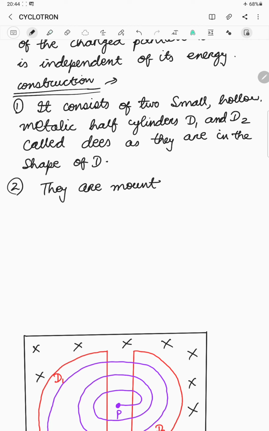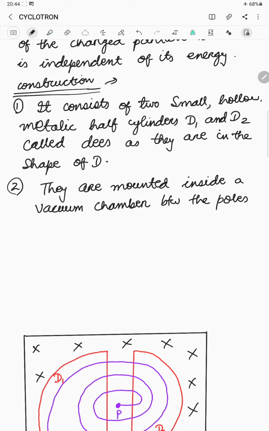The second one, they are mounted inside a vacuum chamber between the poles of a powerful electromagnet.